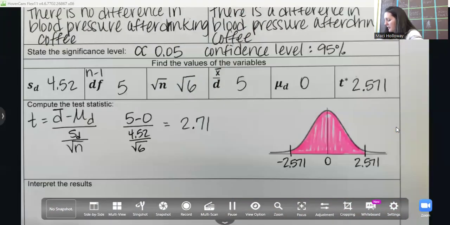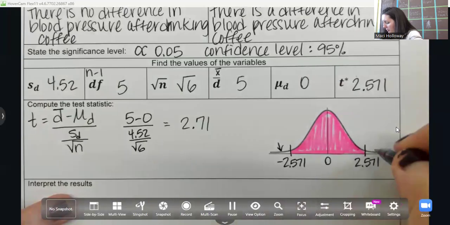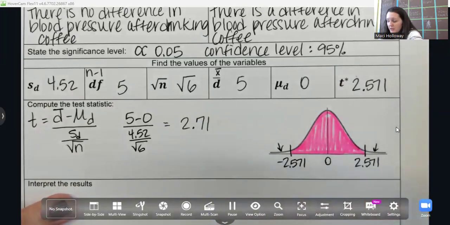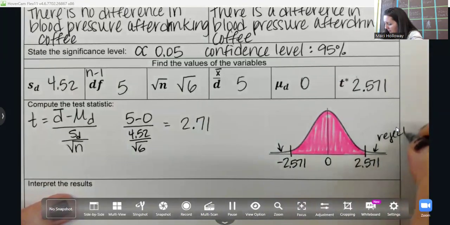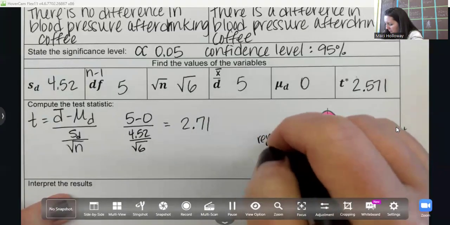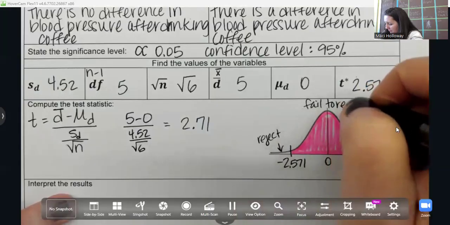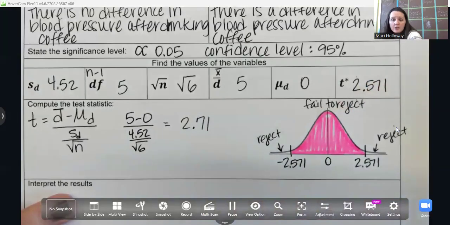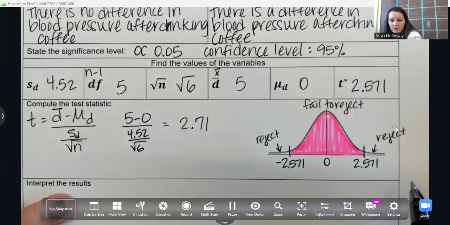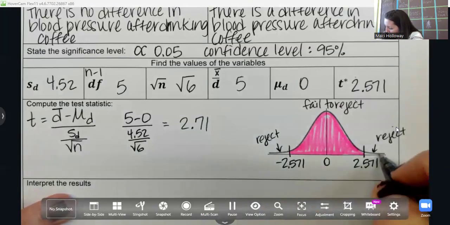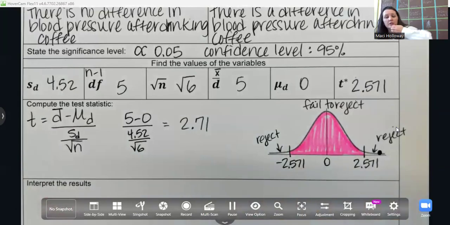And this is, remember, our critical region. So the critical region is the reject region. And then our fail to reject is here. So where does 2.71 fall in our distribution here? Well, it falls outside in our critical region. So we know that it falls in our reject region.